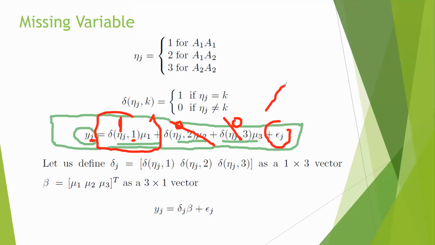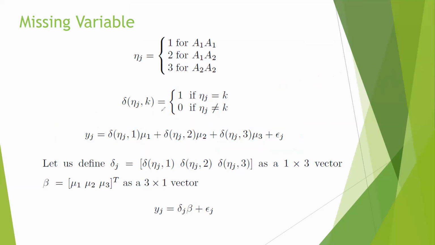So if this is the case, this model can be simplified like this. Right? So if we knew this equals 1, this equals 0, this equals 0. However, we do not know this information. So that's why this is missing, and we use a model like this.